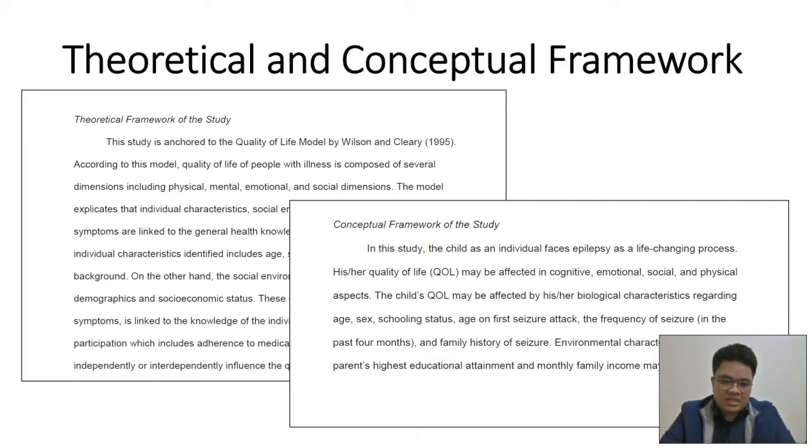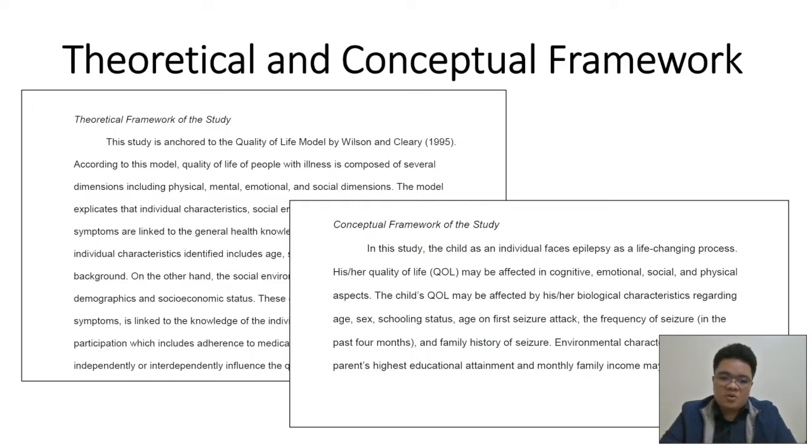And then for the conceptual framework, this will be the part of your research wherein you are applying your theory to the specifics of your research. An example would be: in this study, the child as an individual faces epilepsy, which is a life-changing process. So their quality of life may be affected in cognitive, emotional, social, and physical aspects.